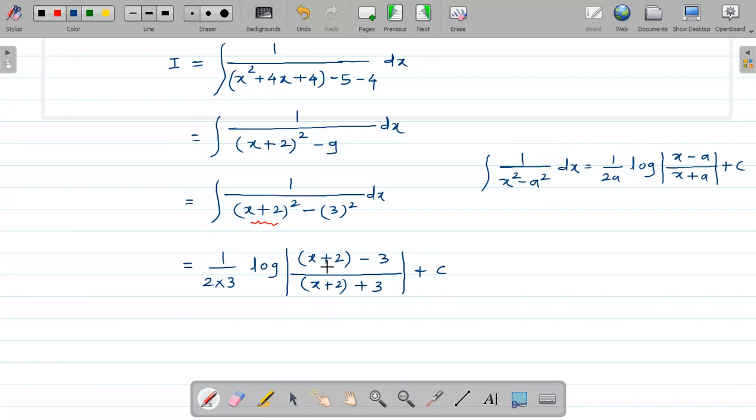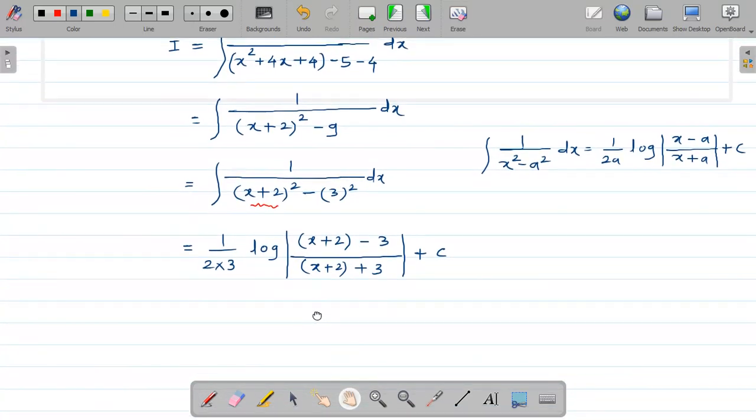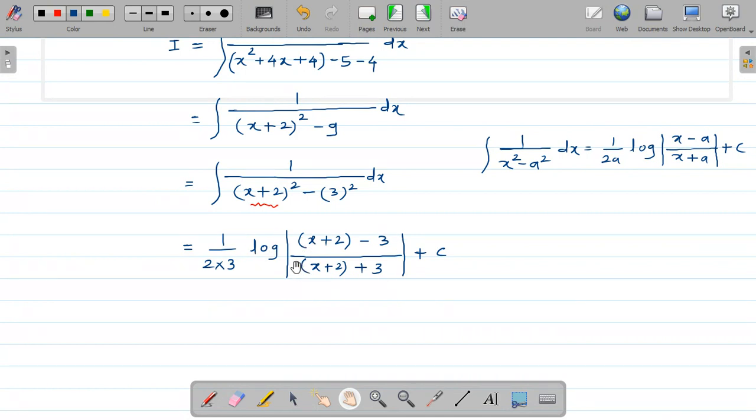Derivative of x plus 2 is 1, so no need to divide here, there is no effect on the given term. So the answer will be 1 upon 2 into 3 log of modulus of x plus 2 minus 3 upon x plus 2 plus 3.